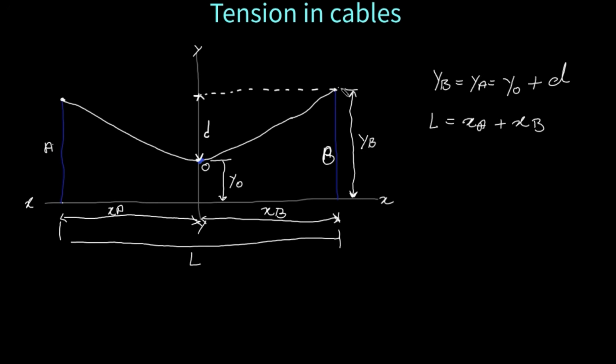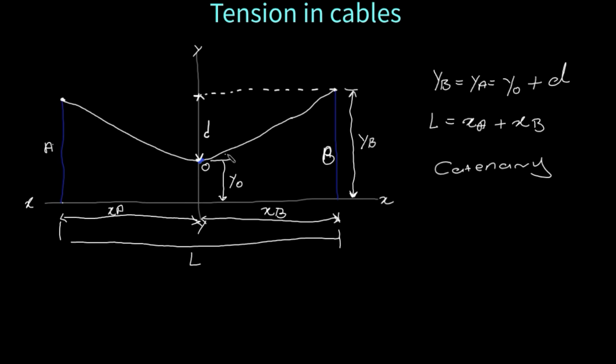The shape that is made by this cable is called a catenary. The proper definition for catenary is the curve that a perfectly flexible and uniform cable, or a chain, assumes when it is hung between 2 points and supports only its own weight.